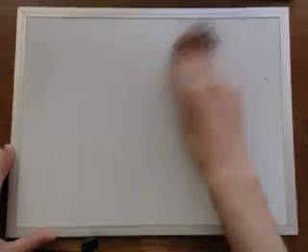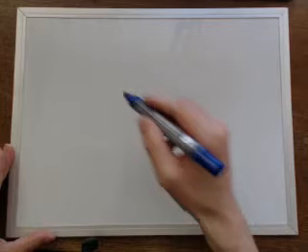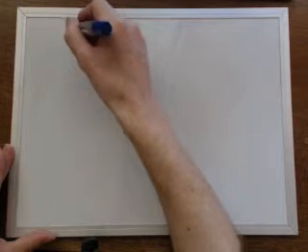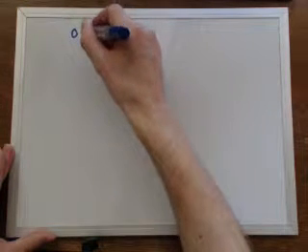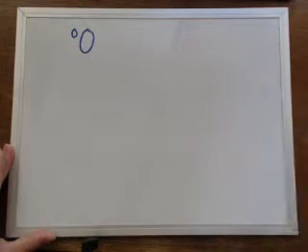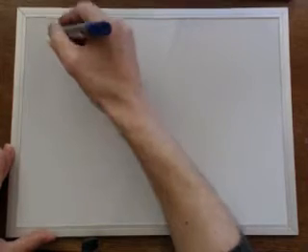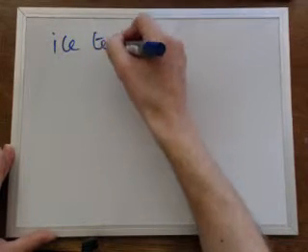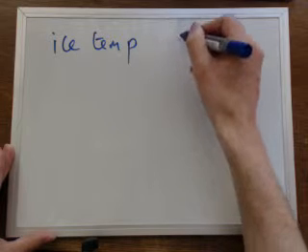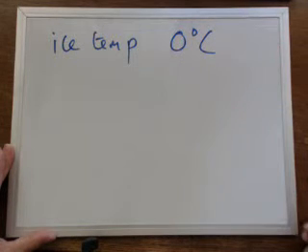So, first thing we need is some ice, of course, and we're going to have melting ice. And melting ice means that the temperature is at 0 degrees C. So the ice temperature we're going to assume is 0 degrees Celsius.